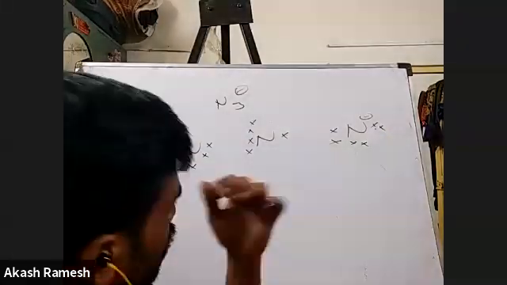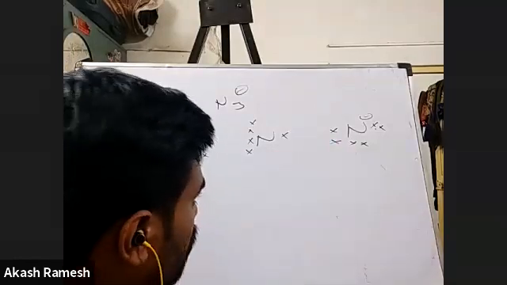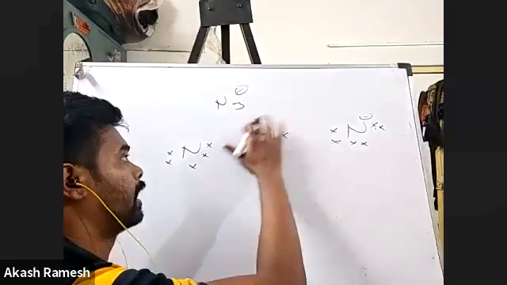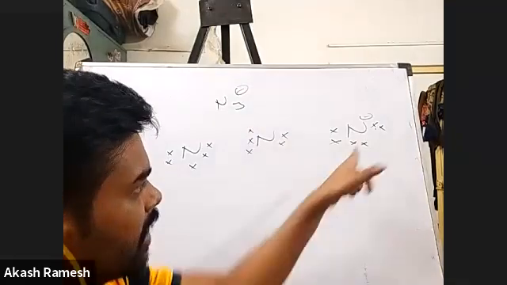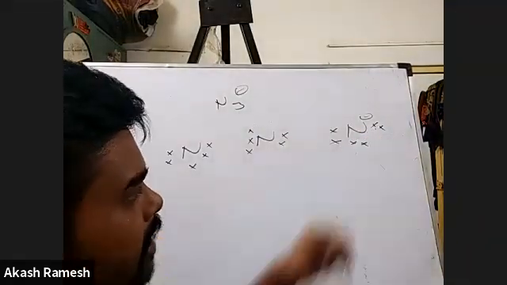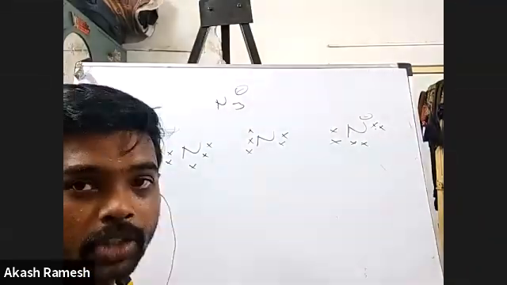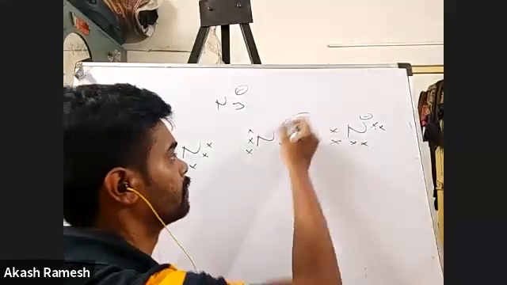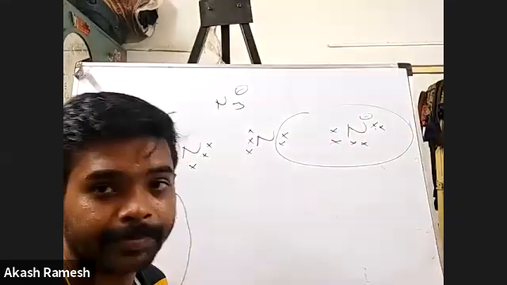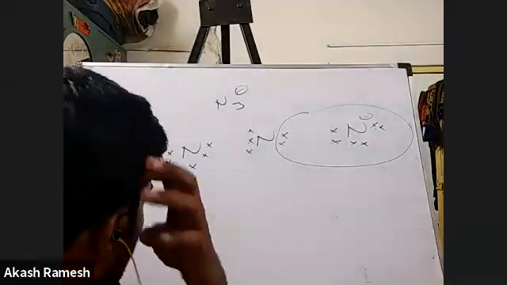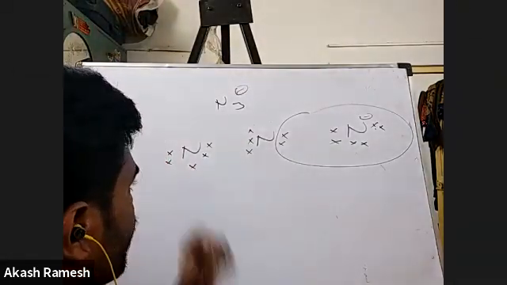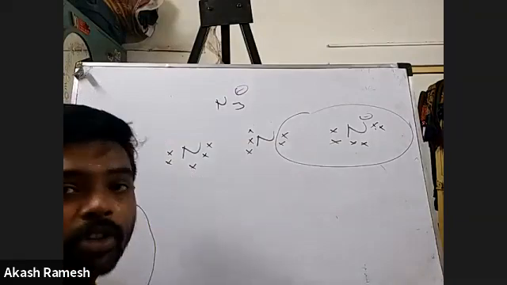So let me go for the bonding atoms first. I think I have to put this electron here. This N minus has 6 valence electrons. It requires 2 more electrons to satisfy its octet. Done. Now, this nitrogen atom requires 3 electrons to satisfy its octet.